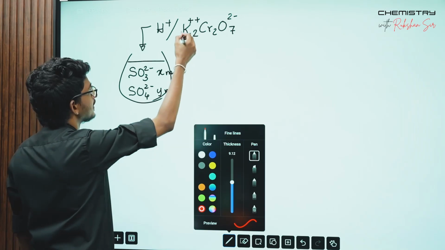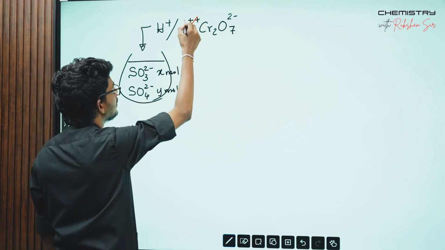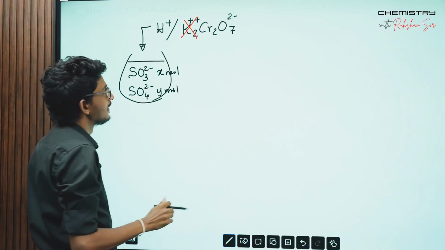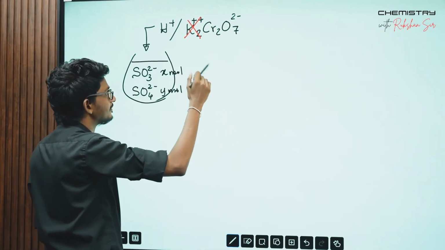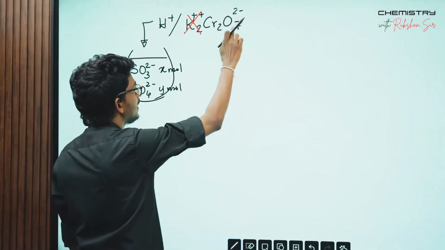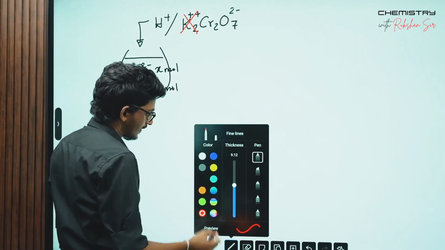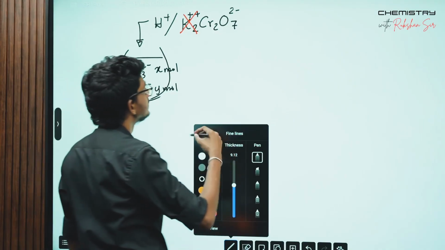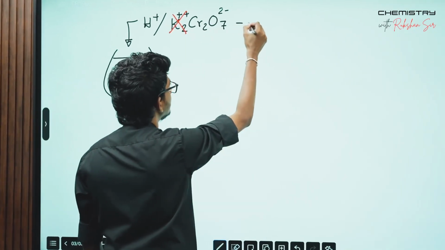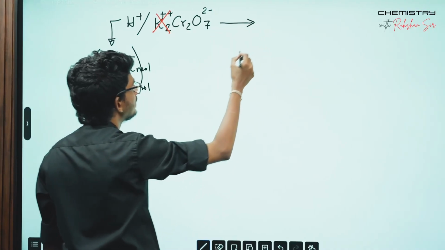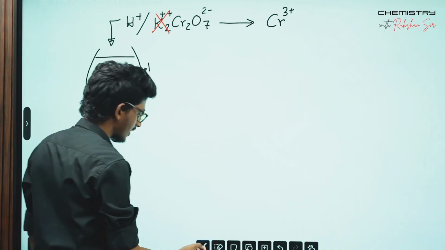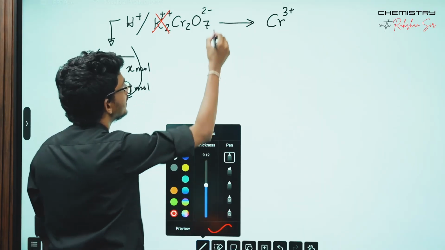The K+ as an s-block ion won't participate in redox reactions. The ion participating in this redox reaction is the dichromate ion. Dichromate in acidic medium will go towards Cr3+, that is a kind of reduction.